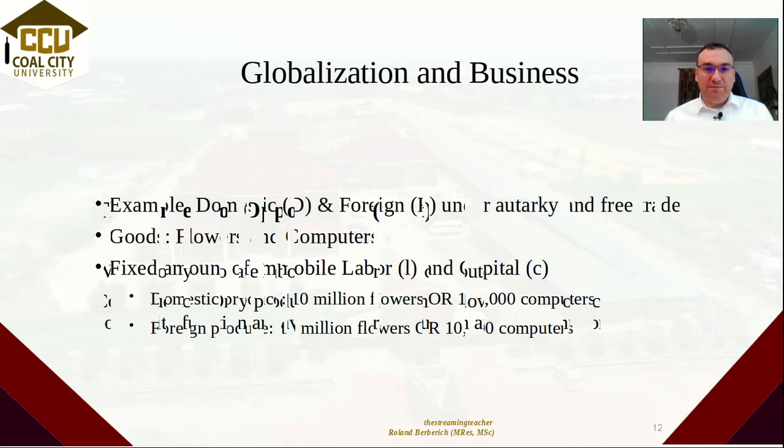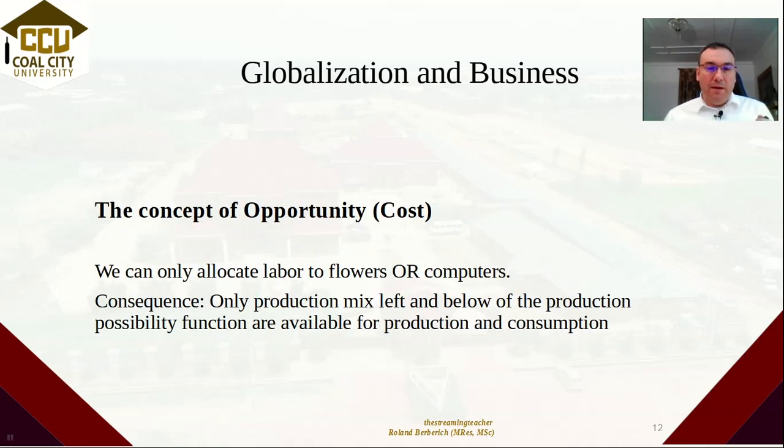When we go further, we need to look at the concept of opportunity cost. For every computer we produce domestically, we cannot produce a certain amount of flowers. And the same thing with our trade partner, the foreign country.